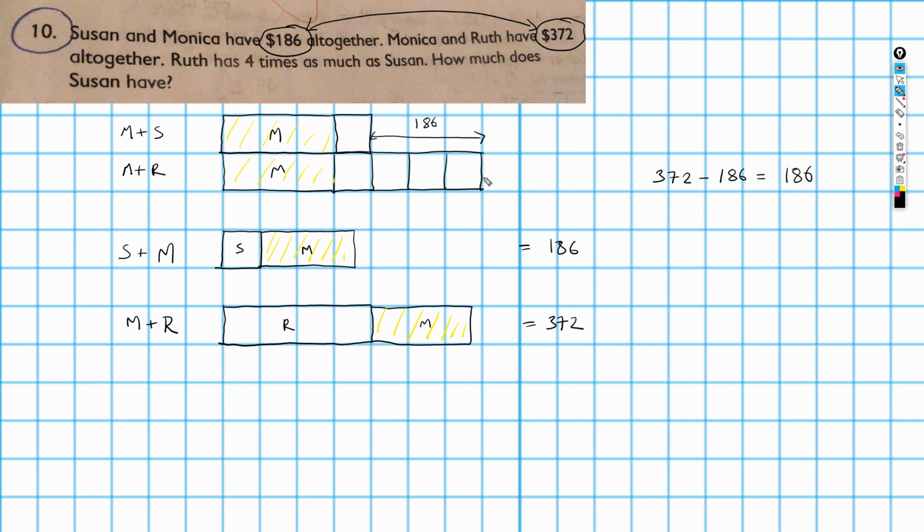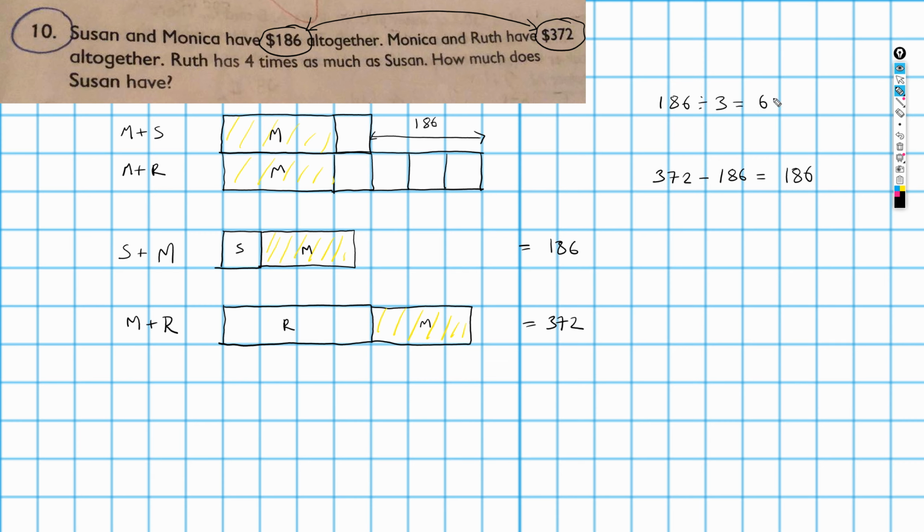And we always love it when bar models have an amount that matches some equal parts. So we know we have to divide 186 by 3, and that gives us 62. So each of these blocks has a value of 62. I don't have to write them all in, but I'm going to anyway. So these are all 62.